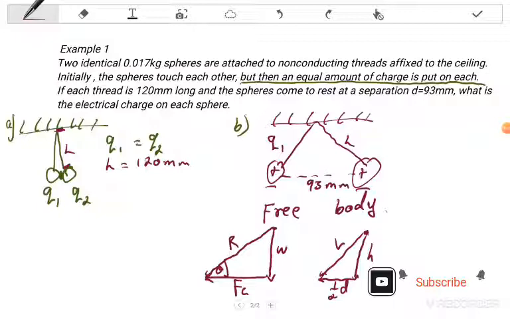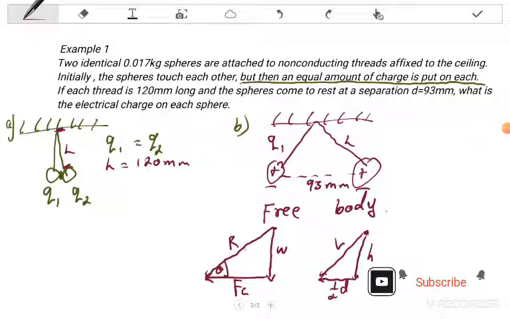What's our question again? To calculate the electrical charge on each sphere. Since these two spheres have the same charge, we have to look at these two diagrams to see which one can give us the electrical charge.